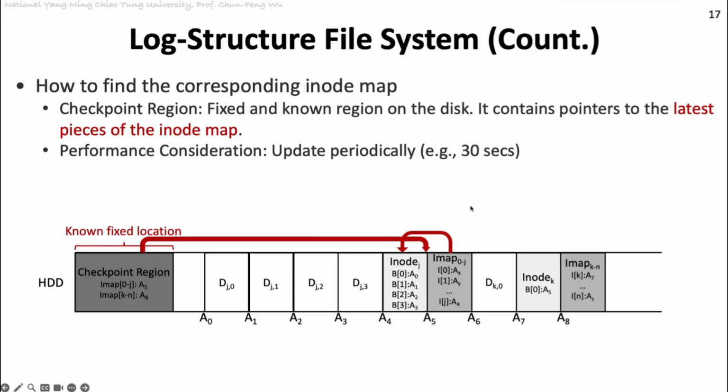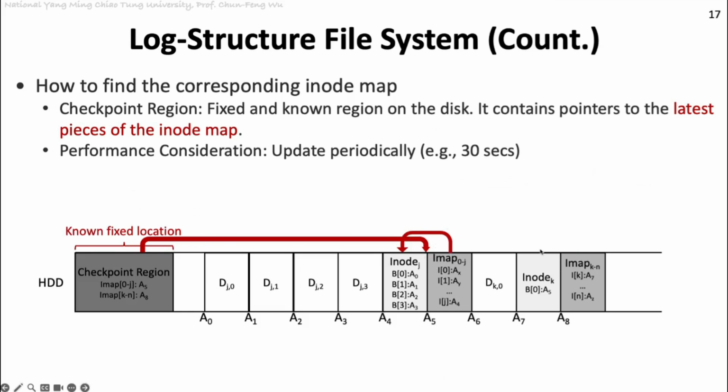So each inode map locates a group of inodes, a group of files. And then each checkpoint region maintains a group of inode maps. So the checkpoint region points to the inode map, and by parsing the inode map, we can get an inode. Okay, so the inode map is usually contiguous with the data maintained by this inode.